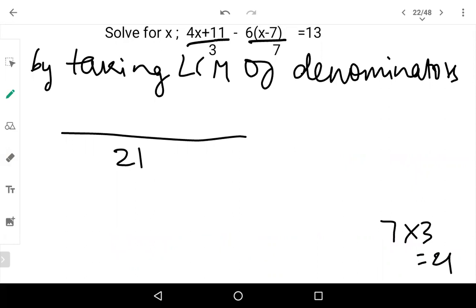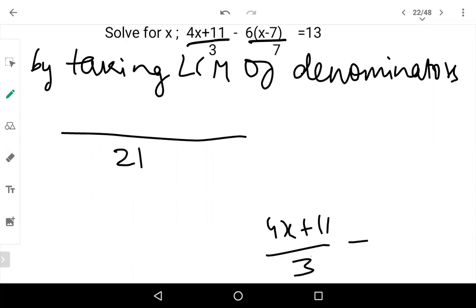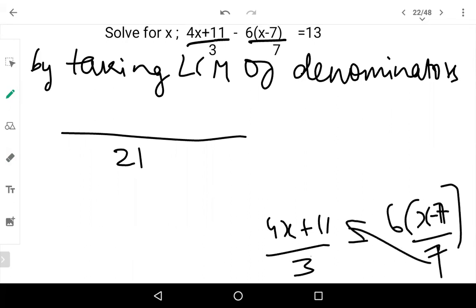Now we are supposed to cross multiply the values. So which values are you supposed to cross multiply? 4x plus 11 by 3 minus 6 into x minus 7 by 7. So 7 has to go up. So 7 into 4x plus 11. This will be the first expression. 4x plus 11 should be multiplied with 7.